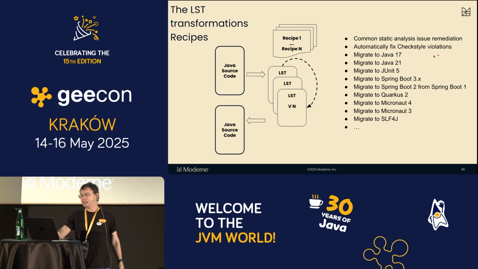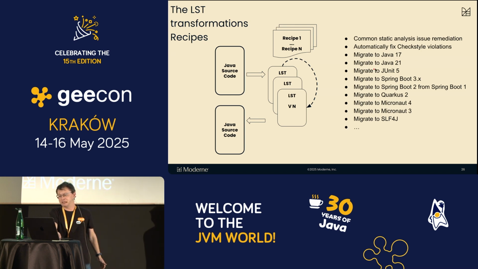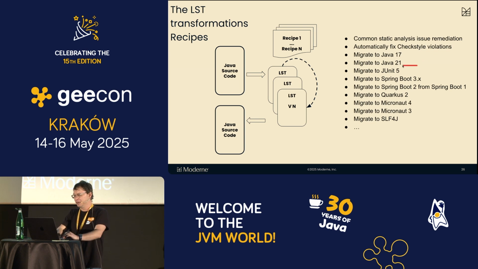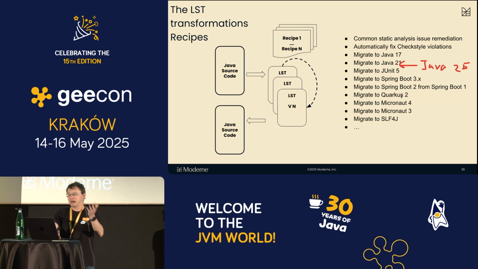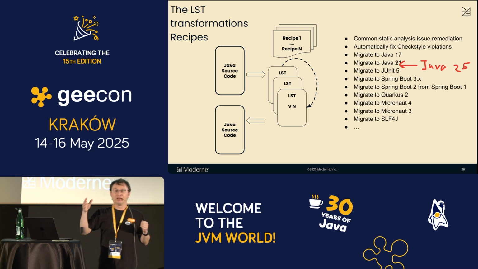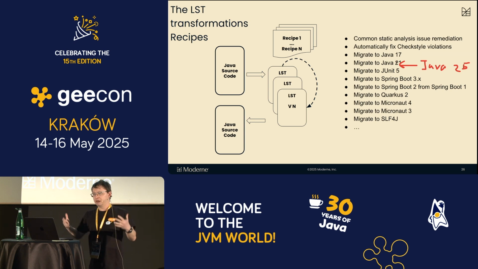Also, checkstyle violations, migration from Java versions. Yesterday I found that we already started work on Java 25 recipes in our repository, so we should be in time. Also, it's about Spring Boot migration, Micronaut, Quarkus, SLF4J, JUnit, and many others. Not all of these recipes have been built by our company, OpenRewrite.